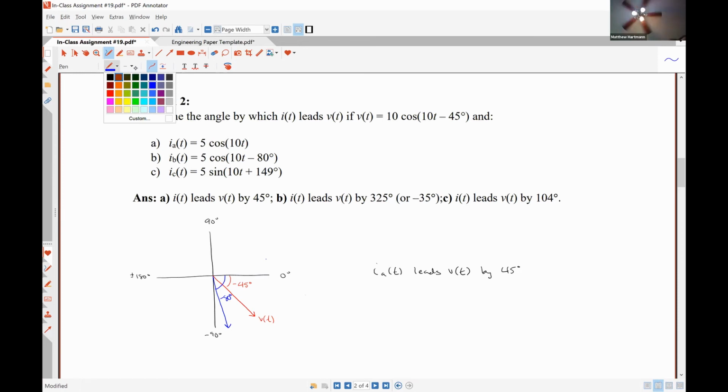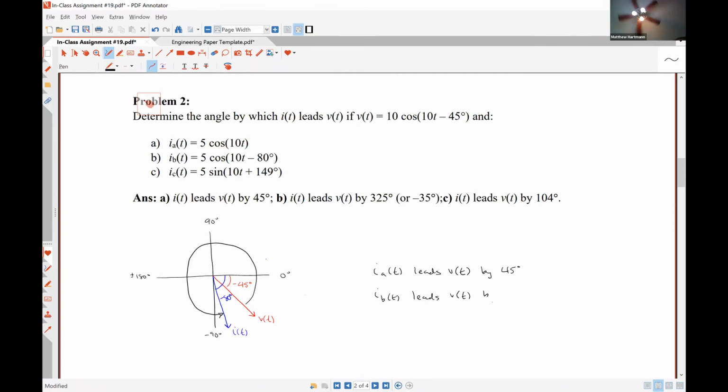Since I still want to know by how much I leads V, I'm going to start measuring from V and go all the way around like this to I. So from this, I_B of t leads V of t by how much? Anybody got any ideas?